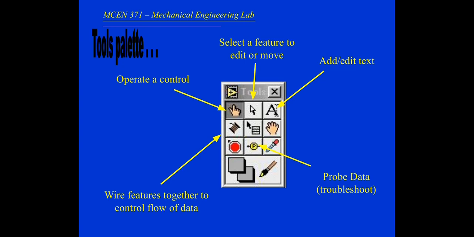You can control the flow of data and use different kinds of indicators and probe data. It is for checking what is in the computer. You can put this probe at any place of your block diagram to see what is happening, what data is coming out, and also some tools to design your interface to make it look good.